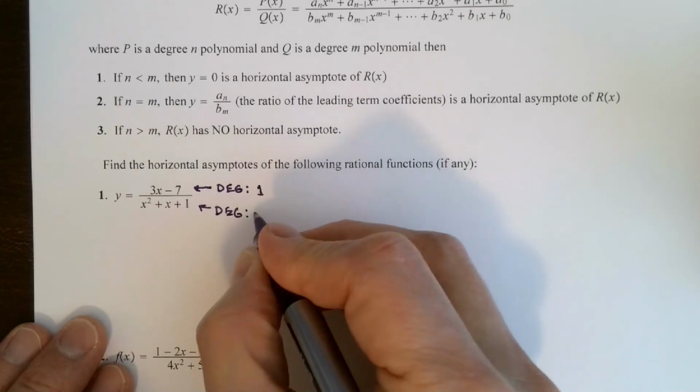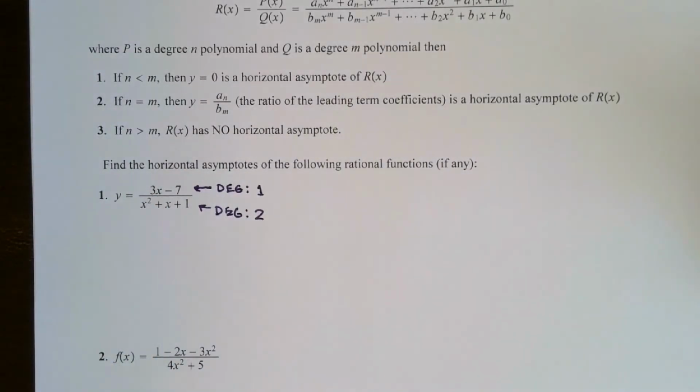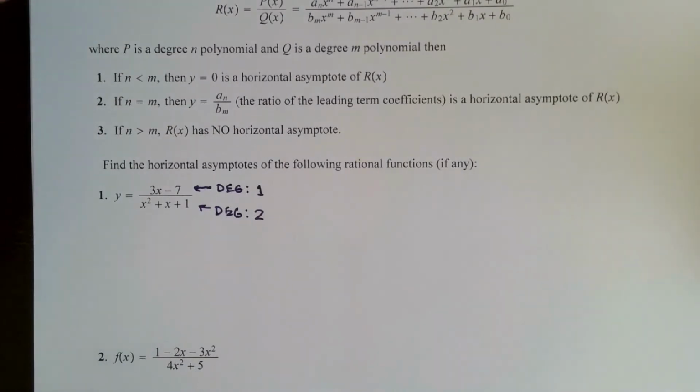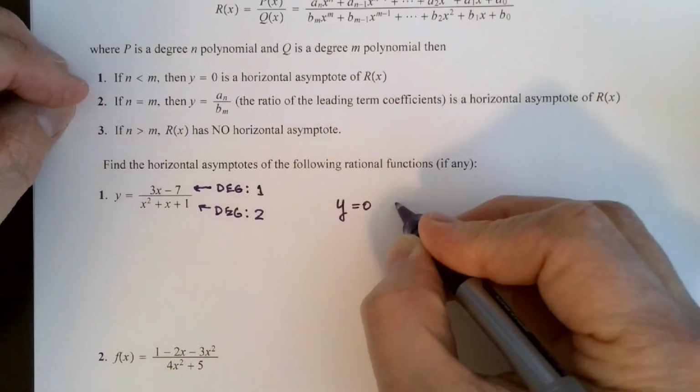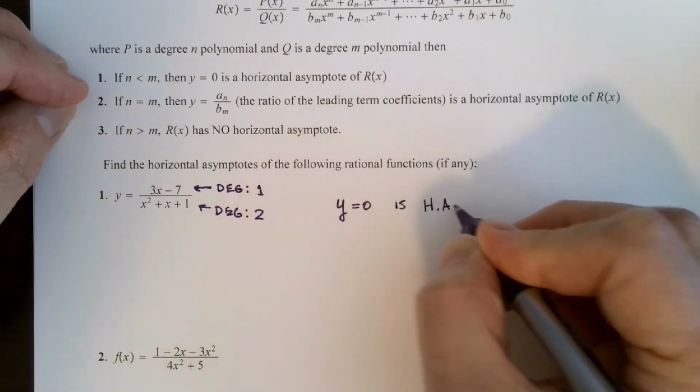The bottom polynomial is degree 2, right? Highest degree term is x squared. So the degree of the top is less than the degree of the denominator. So what case are we in here? We're in case number 1. Therefore, y equals 0 is the horizontal asymptote.